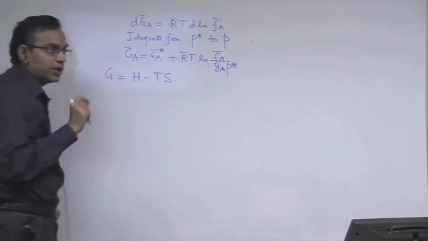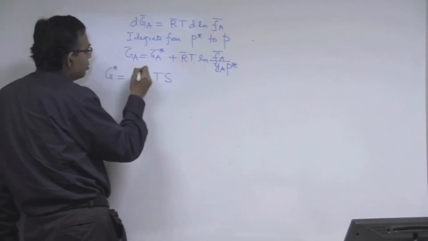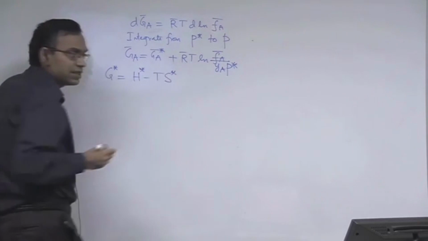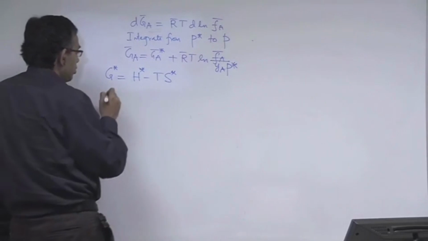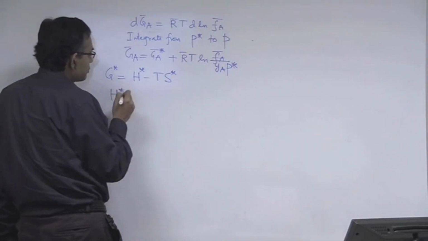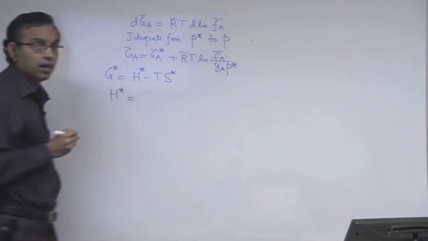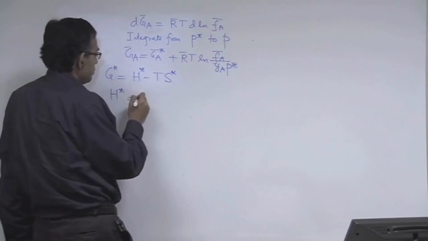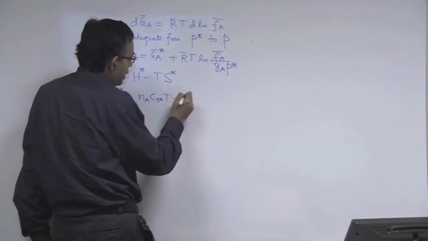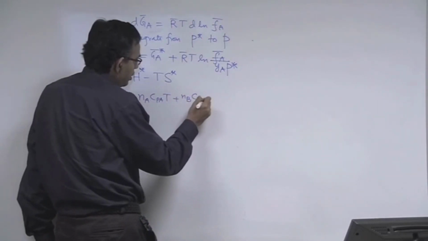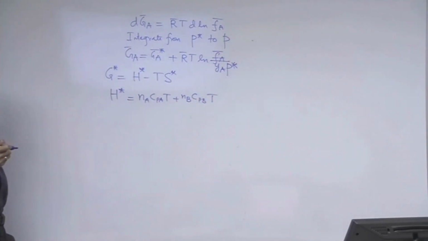So we have two components A and B. So G star is equal to H star minus TS star, star means ideal gas. Now what is H star? Na CpA T plus Nb CpB T. Okay.